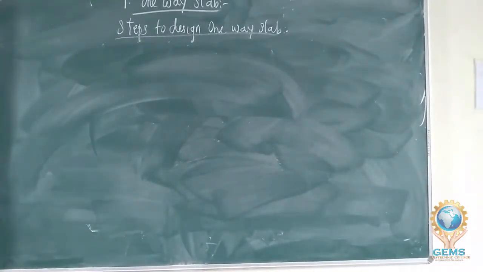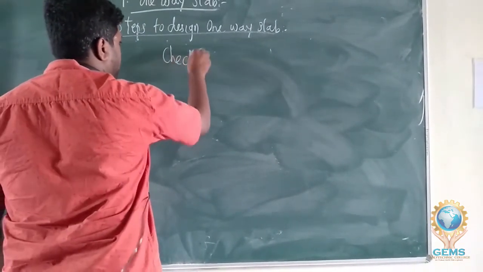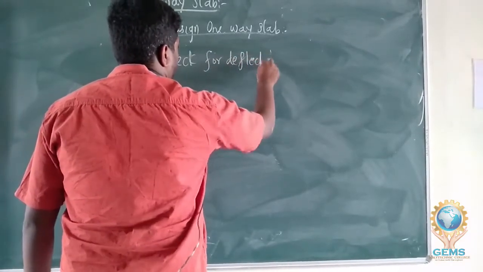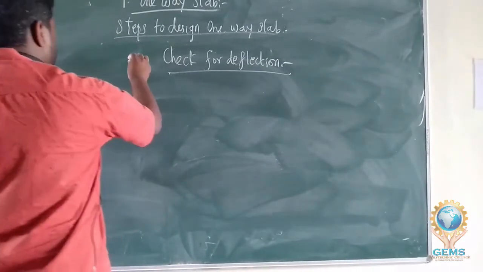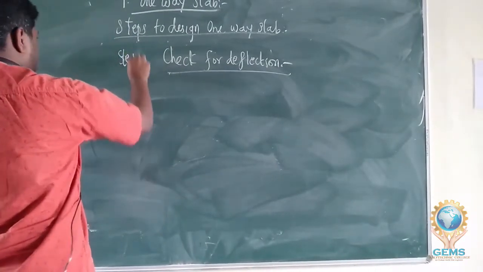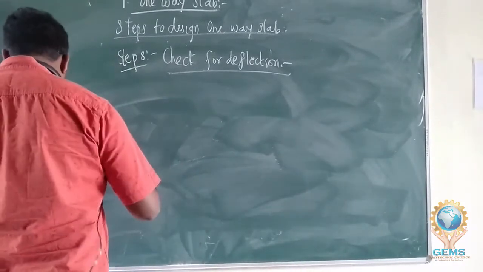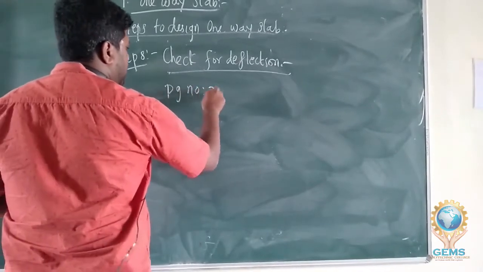Next one, check for deflection. Step number 8, check for deflection. There is a formula in the code book, page number 37.